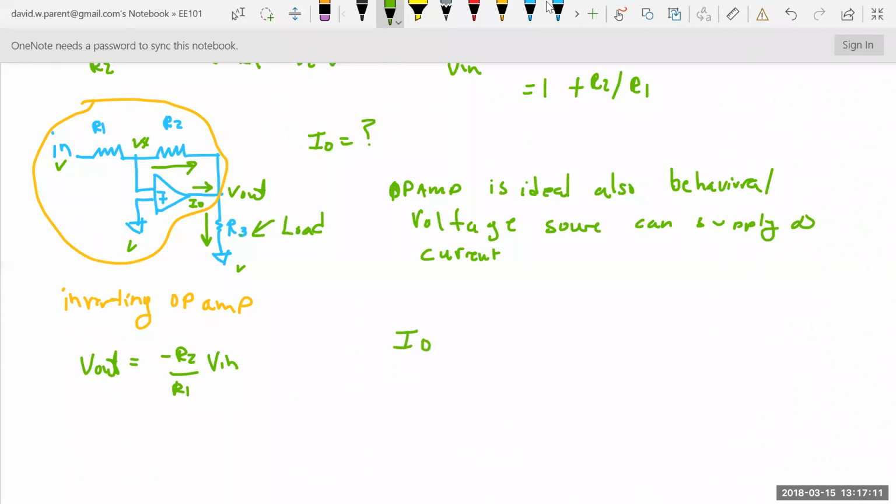What else is coming in? IR2. Where is it all heading? IR3. Now, I out is the thing that we want. So we just have to do this.